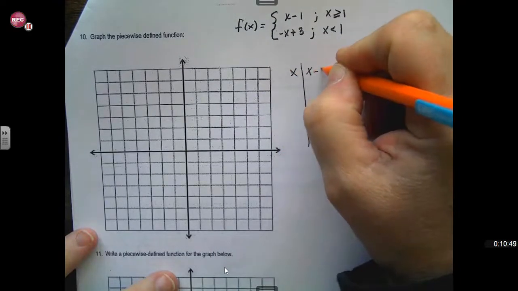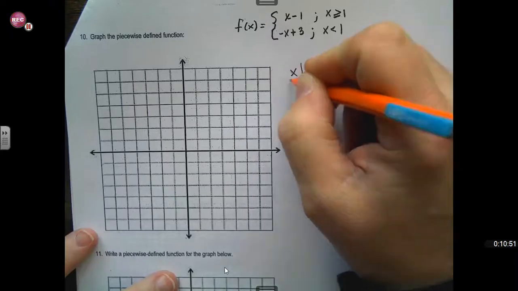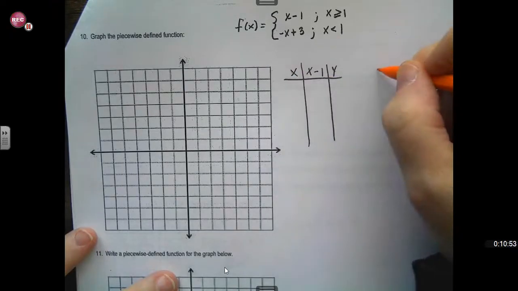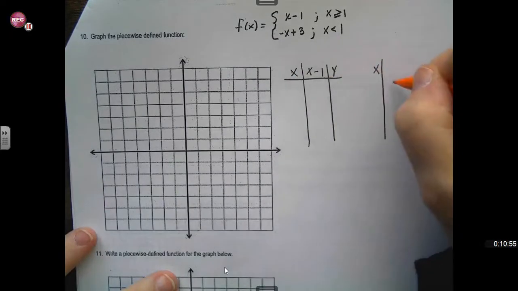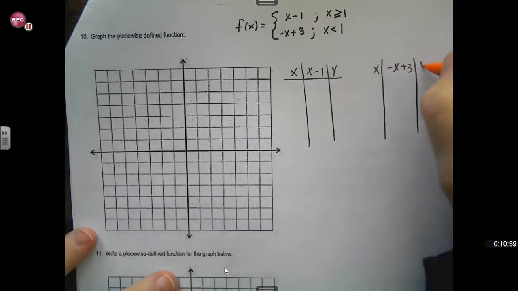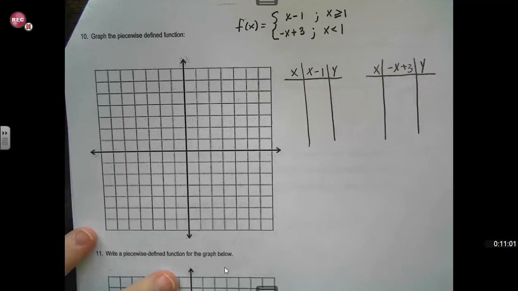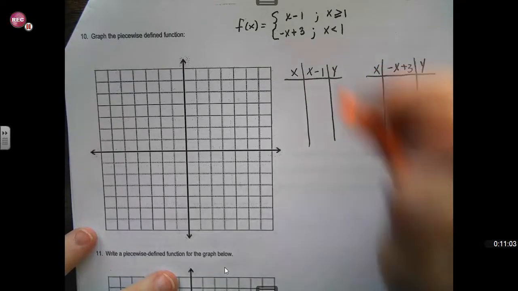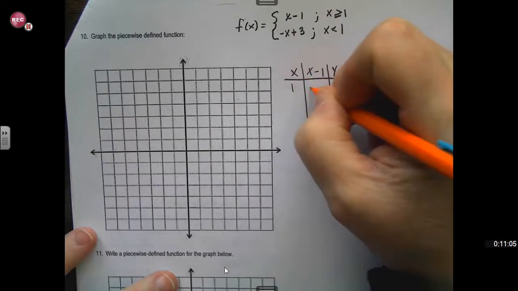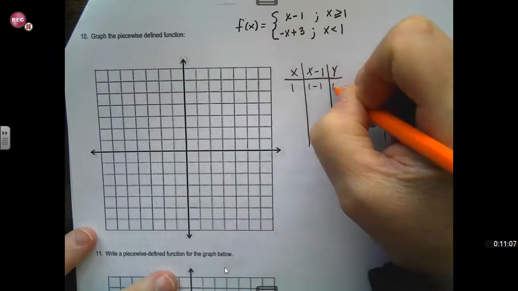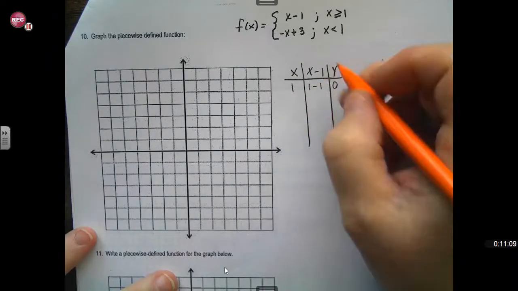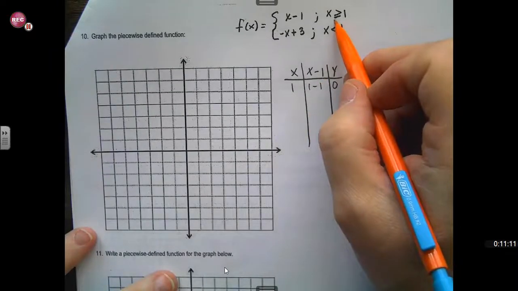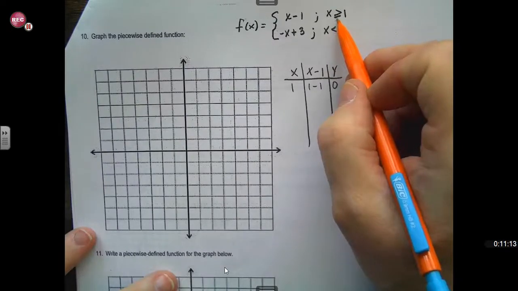So a lot of you like to just make this little table for each rule. And my swing point is 1, so I am going to plug in 1 here. I get 1 minus 1, and I get 0. And then I want to plug in numbers that are greater than 1 for this one.